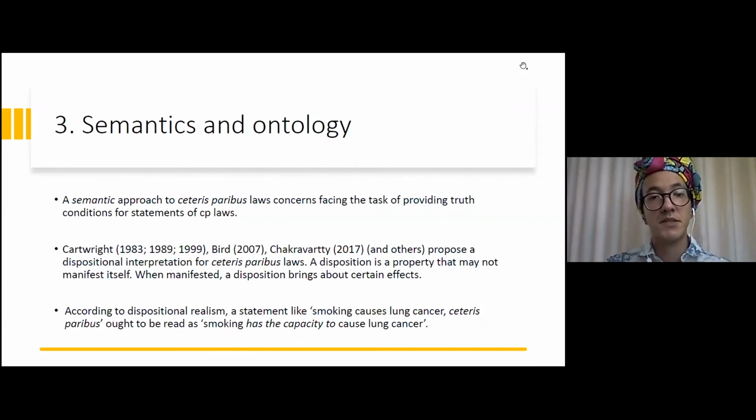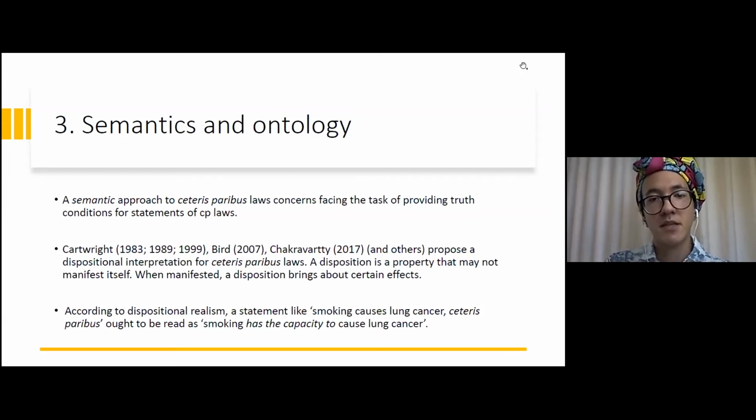Okay, in the third moment of my presentation, I will just briefly mention some semantic attempts at solving the problems concerning ceteris paribus laws and how these reflections can lead us to some solutions in ontology.